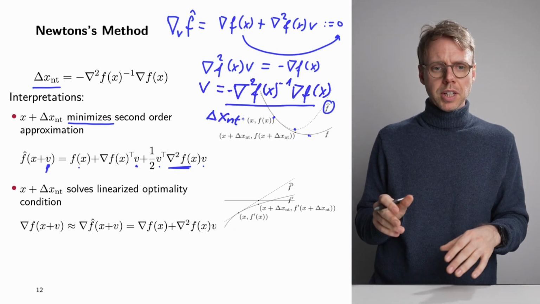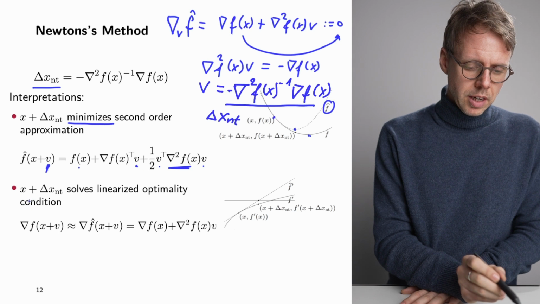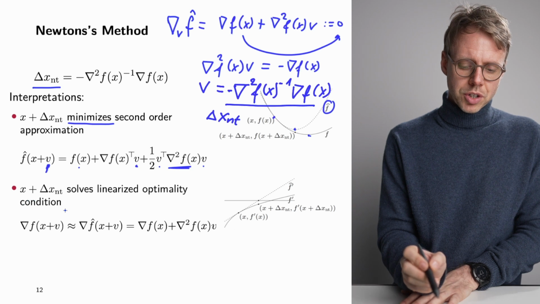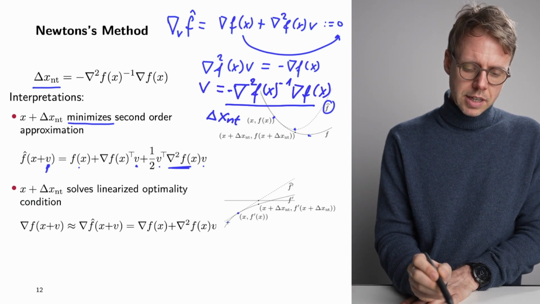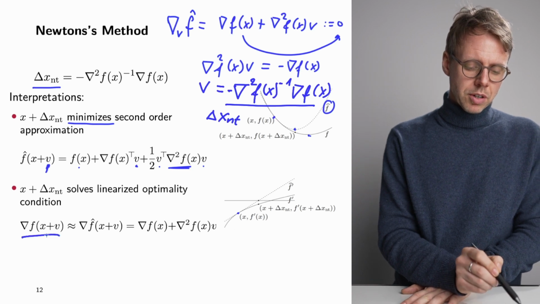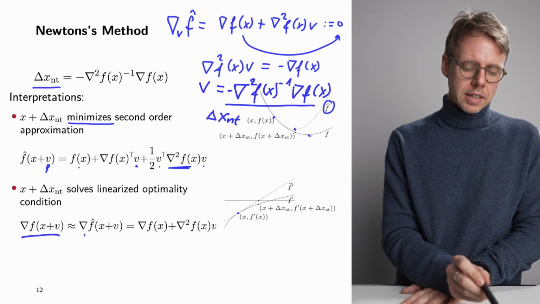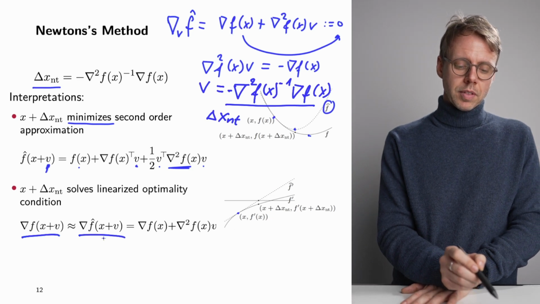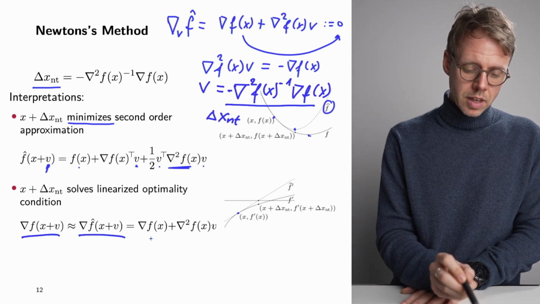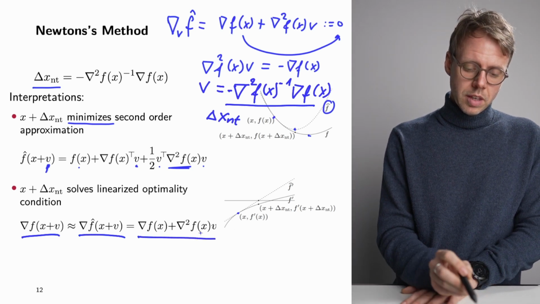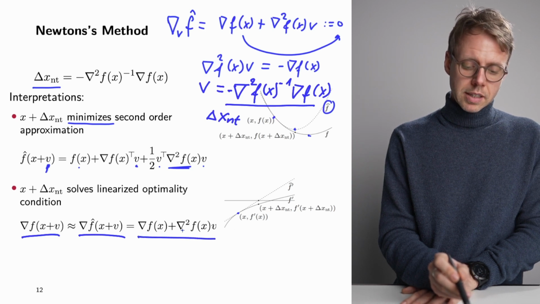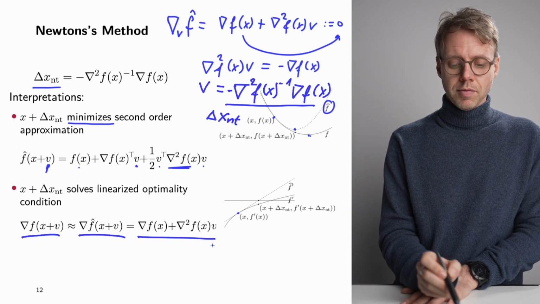An alternative interpretation is that we are solving the linearized optimality condition, where we are linearizing our gradient. So we're basically computing our gradient and approximating it with the gradient of our second order Taylor expansion, which is equal to the gradient of f plus the Hessian of f times v.